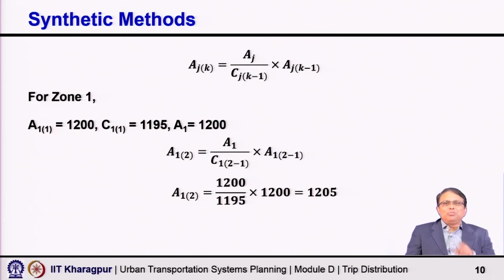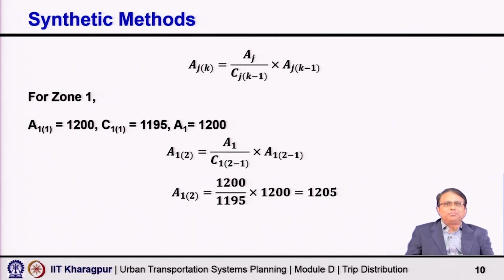So, now my modified attraction exactly should be like this. So, 1200 into 1200 by 1195. I should then target little higher, because I am little short of what I want. Probably then I would be very close to 1200. That is the adjustment here.